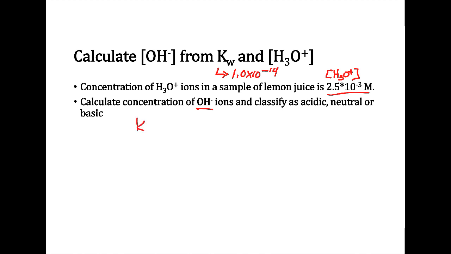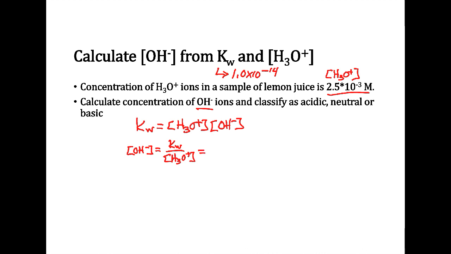We know that Kw is equal to the hydronium concentration times the hydroxide concentration. So if we're trying to find the hydroxide concentration, we can rearrange this to say that OH- is equal to Kw over the H3O+ concentration.